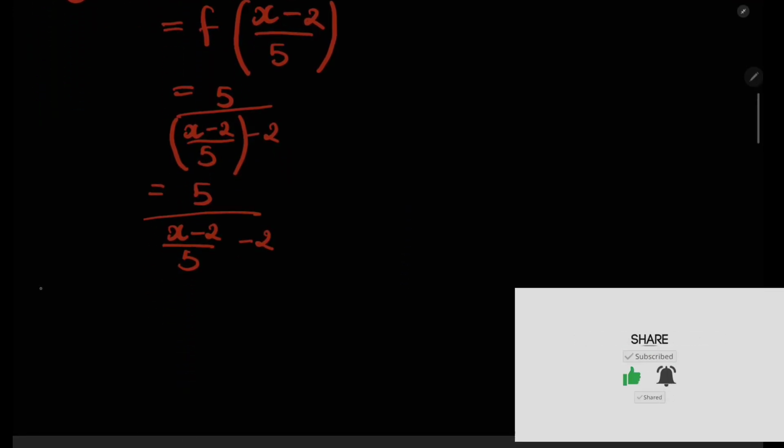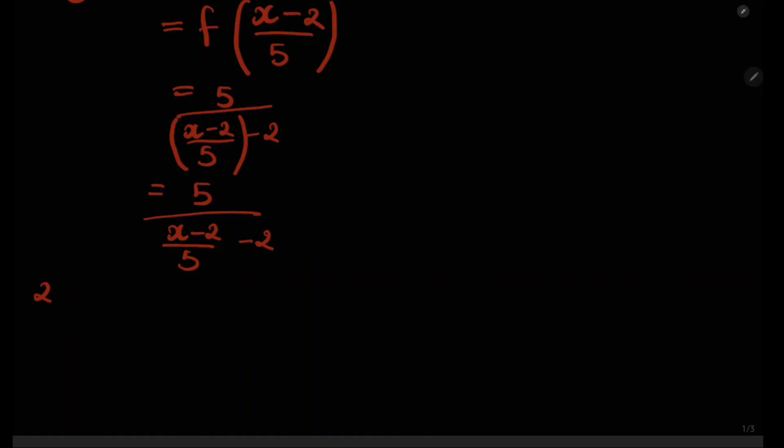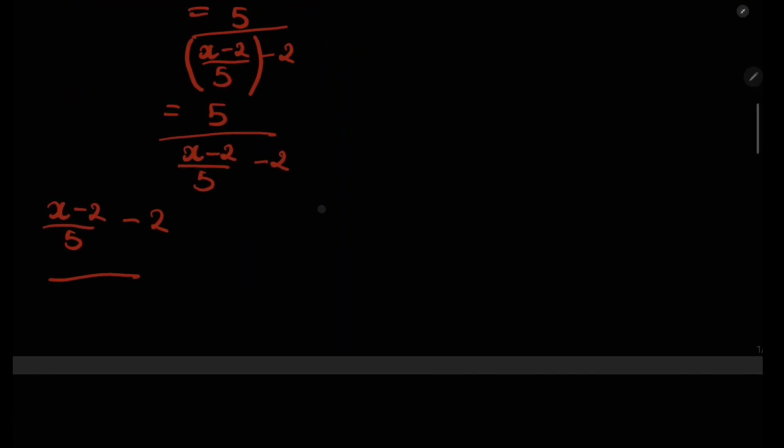Let's take the denominator first, x minus 2 on 5 minus 2. Let's look for its LCM. The LCM is 5. So we have x minus 2 minus 10, which gives us x minus 12 on 5.